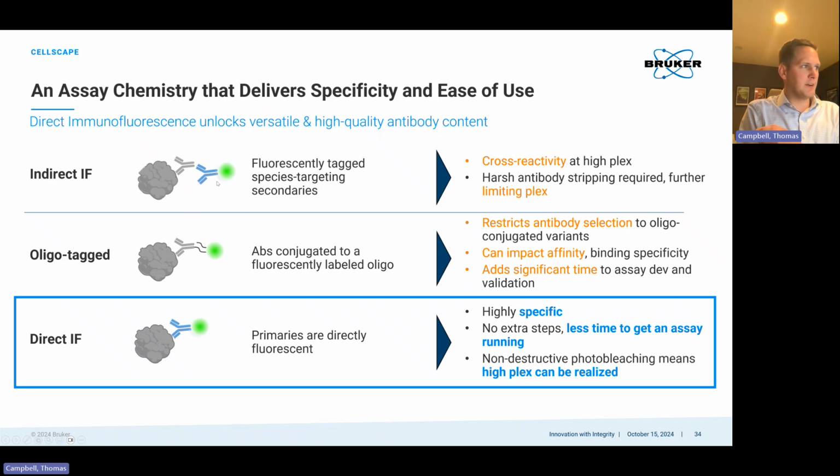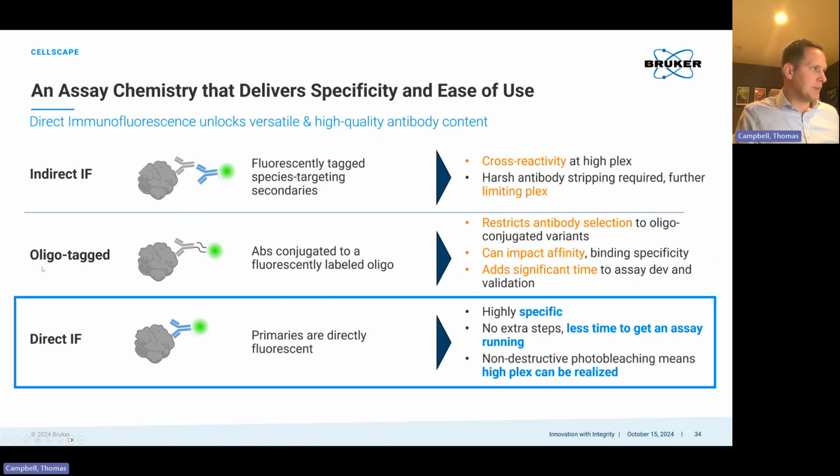If there's any secondary remaining between cycles, or even any unconjugated primary, this will show up as nonspecific signal due to cross-reactivity in subsequent cycles. And so in order to get around this problem, you have to expose your sample to really harsh antibody stripping, which, of course, after a number of cycles has negative consequences on epitope stability and also tissue morphology as a whole.